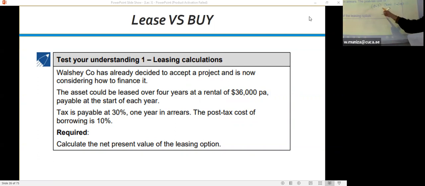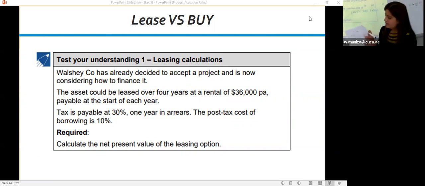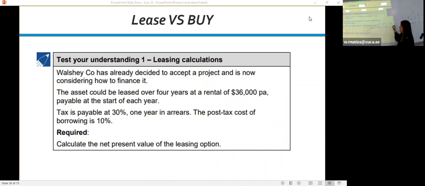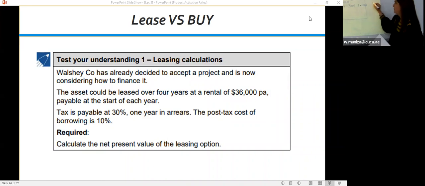Add it for year 0 also. It is 3.487. Here, for 3 years you are getting the factor, but what about the 4th year? It is for 4 years, so for year 0 also 1 has to be added. Got it? 3.487 multiplied by 36,000 is 125,532.